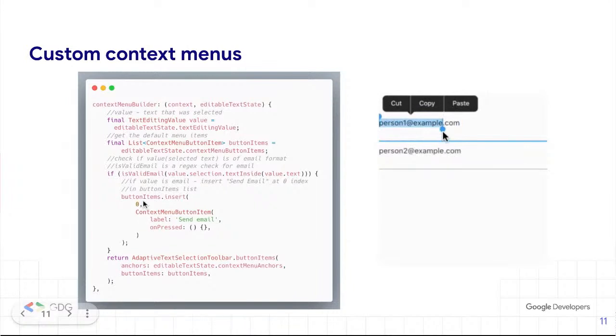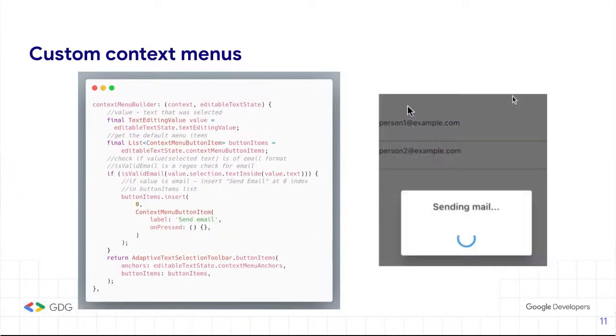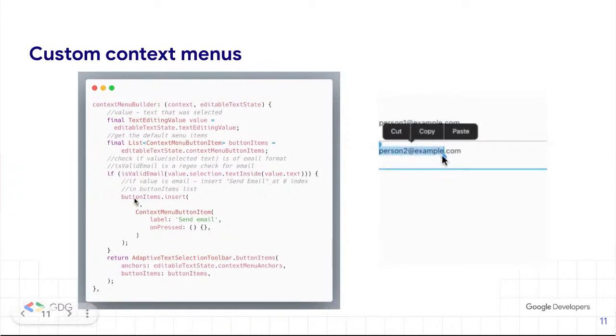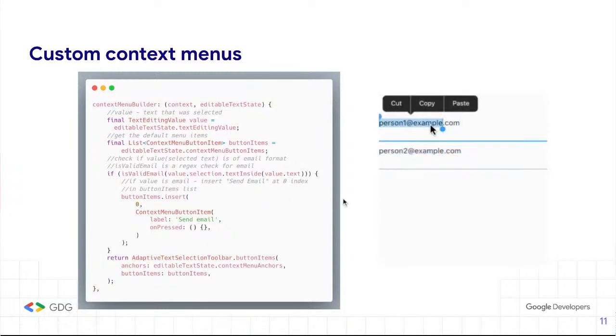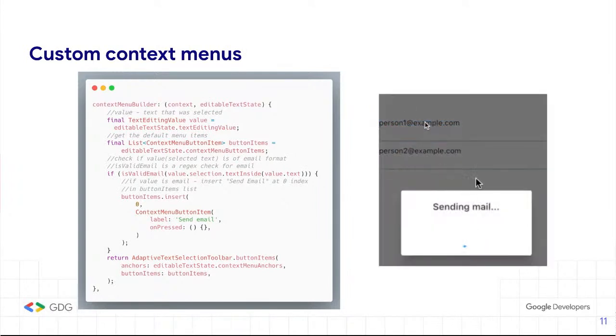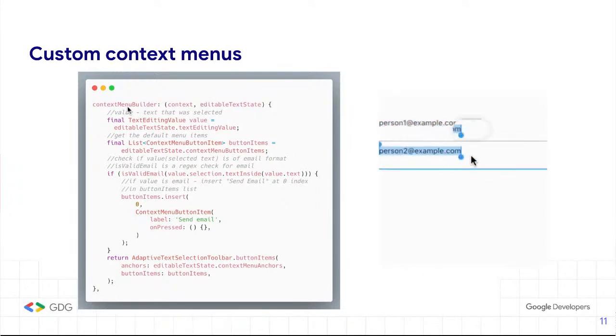What is the button items list? It is the cut, copy, and paste that you saw earlier. So in the cut, copy, paste, I'm going to add a send email option as well. You can add as many options as you want. So using the context menu builder, you can do this.